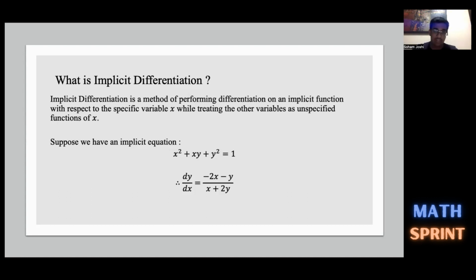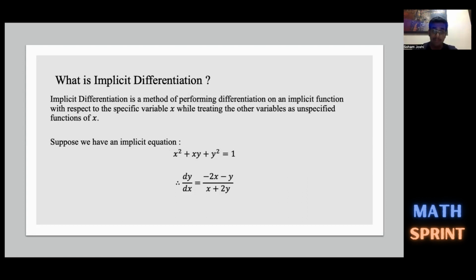For many implicit functions, it's difficult to express one variable entirely in terms of another variable. If you encounter an implicit equation, such as the one below, x squared plus xy plus y squared is equal to 1, you may at first feel compelled to find dy by dx by using explicit differentiation, meaning you find y in terms of x and then differentiate y in terms of x.